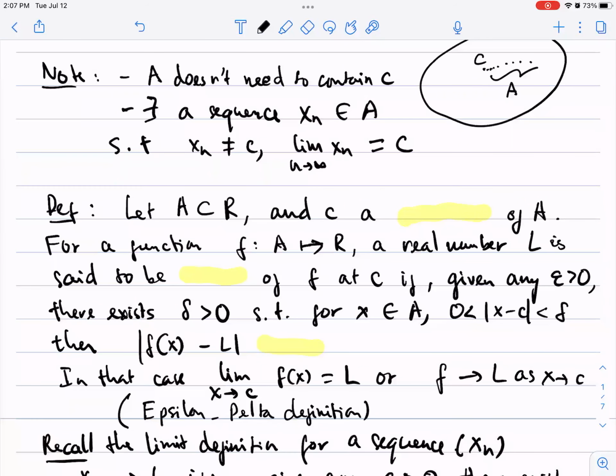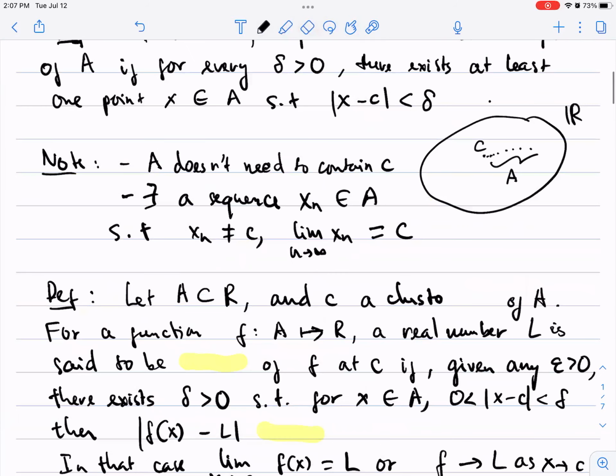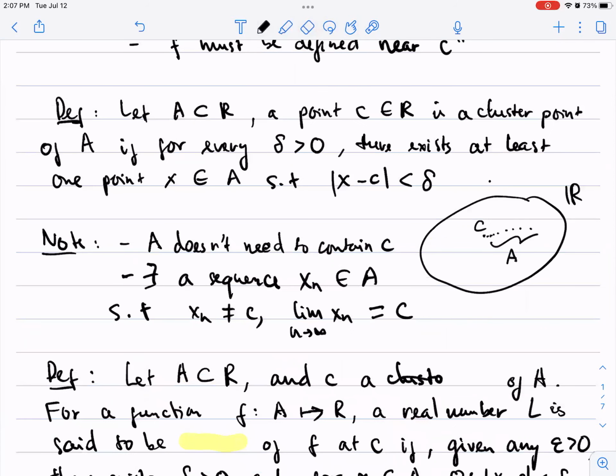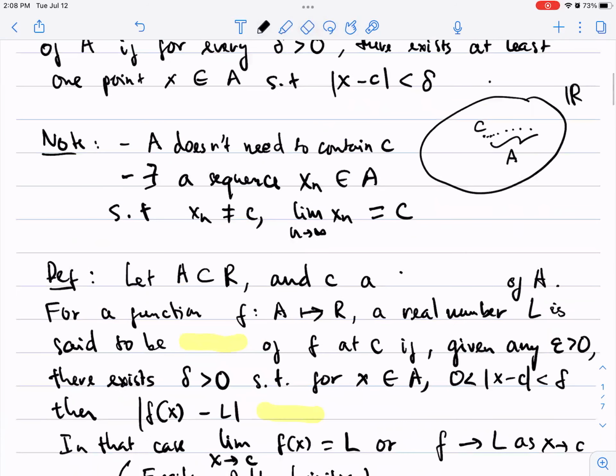Now we're ready to state the definition of a limit of a function. Let A be a subset of the set of real numbers and c a cluster point of A, for a function f defined from A to the set of all real numbers.